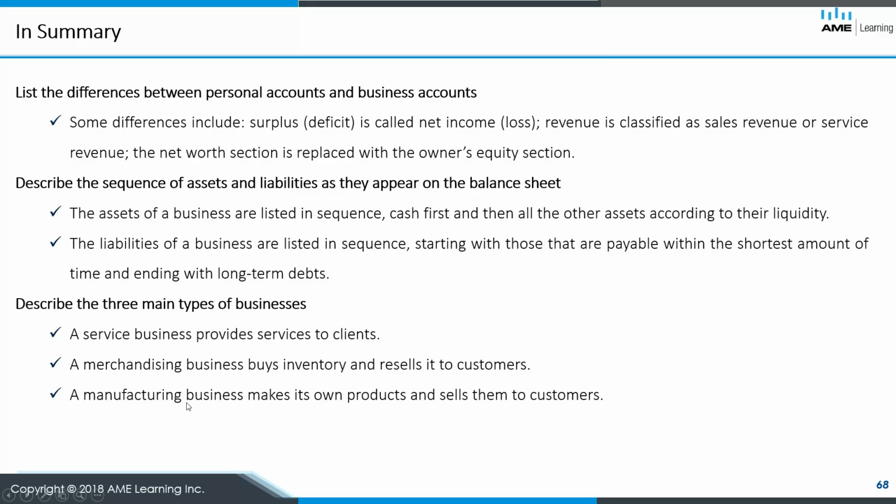And then we have a manufacturing business, which is the one that actually makes those products that merchandisers sell. Sometimes the manufacturing business might sell to the customer directly, but often manufacturers just focus on producing the products, and then sell them wholesale to merchandisers or retailers, and let the retailers handle the interaction directly with the customer.